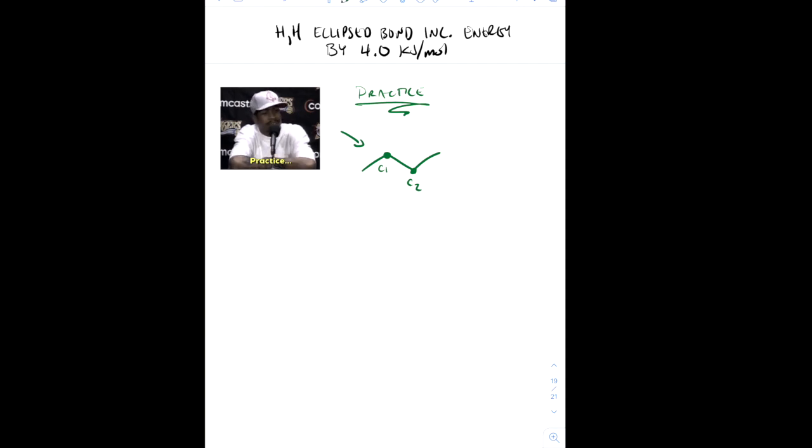Here, let me draw my eyeball. Carbon 1 is the front, so I'll draw that and then a circle around it. That one's a little better. Now we also have to remember this guy and this guy.